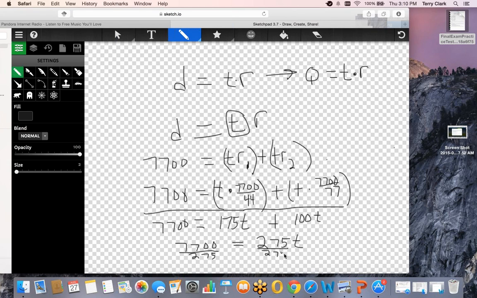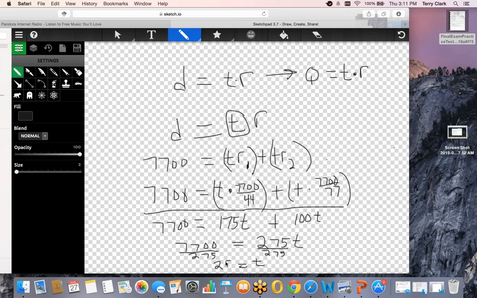Of course, 275T divided by 275 is 1T, and then 1T can just be reduced down to just T. Okay, and so then we're going to take 7,700 and divide it by 275. And our final answer is 28.